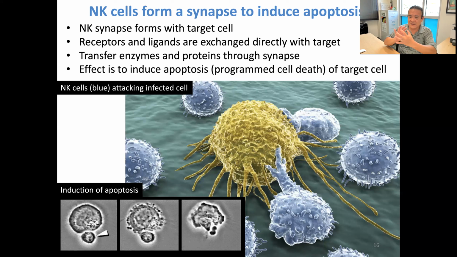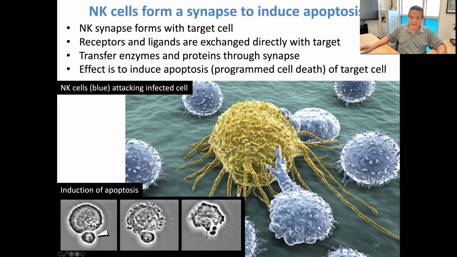And if those weird signals, right, are consistent with a viral infected cell, then the natural killer cell sends all kinds of molecular messages, right, from itself over to the target cell. And these messages stimulate the infected cell to undergo apoptosis. In other words, programmed cell death, right? The cell kills itself to remove itself from the picture.